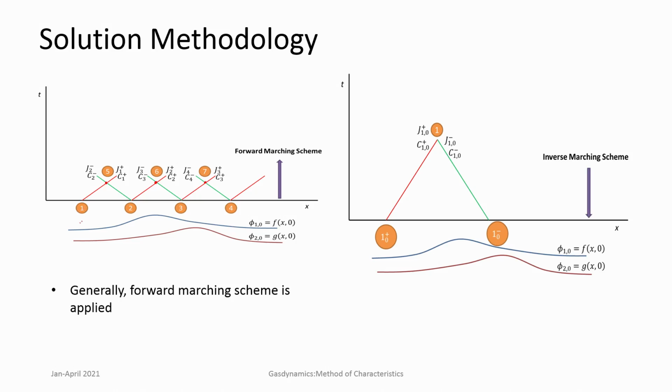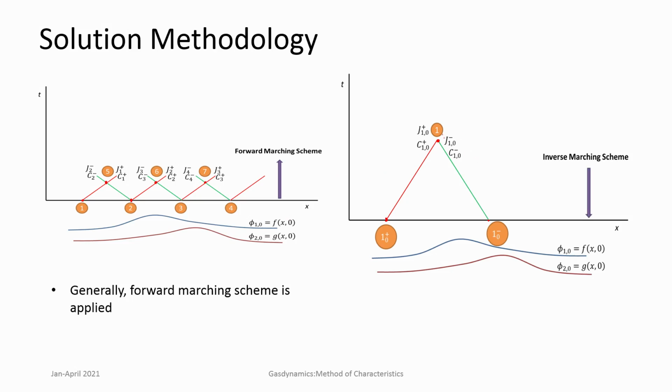Okay, so you draw characteristics from one particular point and then you can progress. You can progress in the forward direction starting from an initial value. This kind of approach is known as forward marching, while you can also take an arbitrary point and draw the characteristics back towards the initial position. This kind of solution is inverse marching.